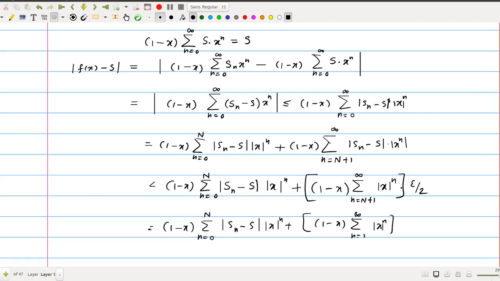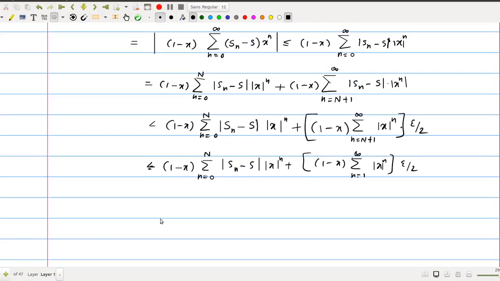Because these are always positive quantities, when we add capital N number of non-negative terms to this sum, the sum increases, so this is always less than or equal to this one times epsilon by 2. But we know that this quantity is 1, so we write that is equal to 1 minus x times the summation from n equal to 0 to capital N of |Sn minus s| x raised to n plus epsilon by 2. Now this left side is f of x minus s. This modulus is always less than epsilon, this term plus epsilon by 2.